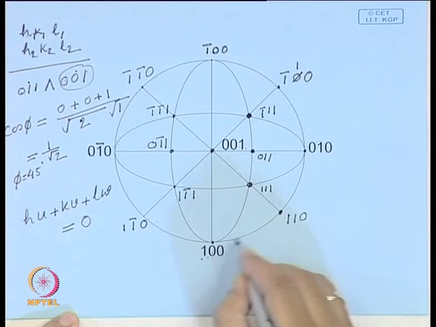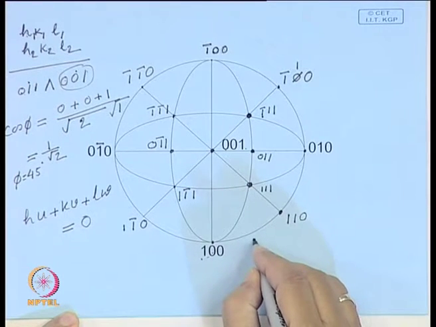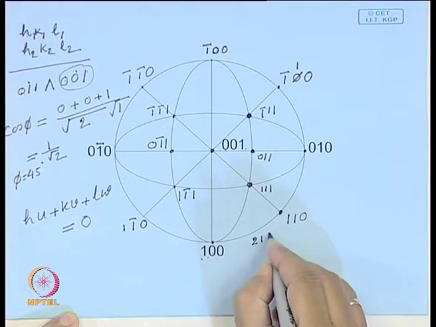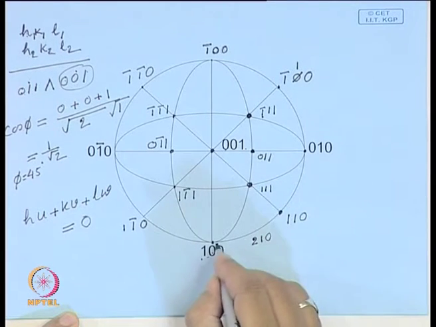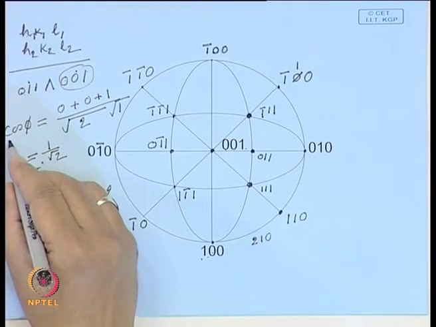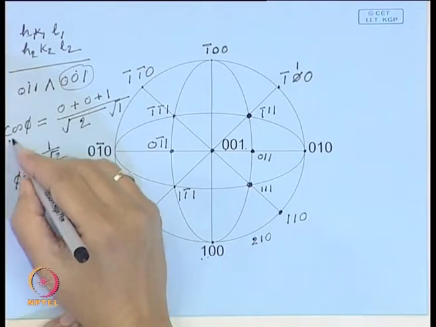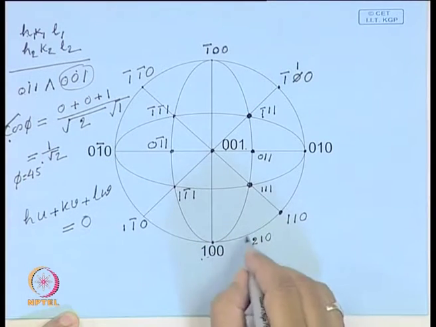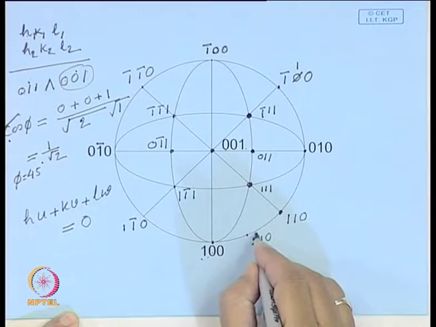So, if we add this and this, you get 2 1 0. 2 1 0 will be halfway somewhere between the two. You can find out the angle using this type of angular relationship, that cos phi. So, it will obtain some particular angle with this, another angle with this.